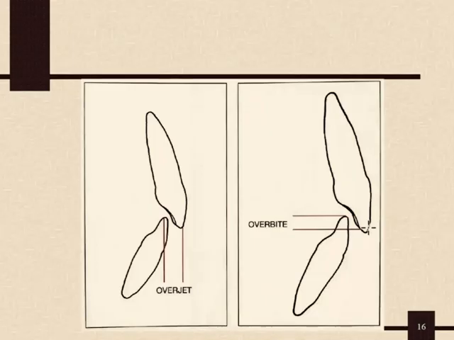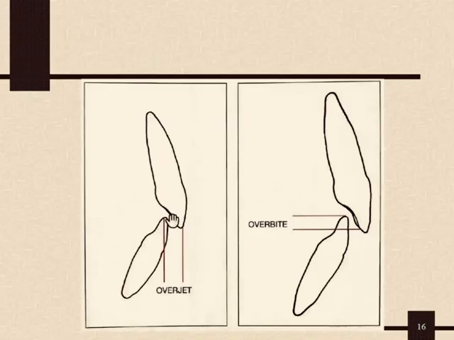The second thing is called the overjet, and the overjet is the horizontal overlap between the teeth.